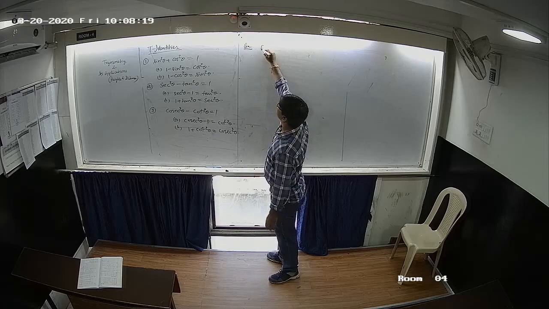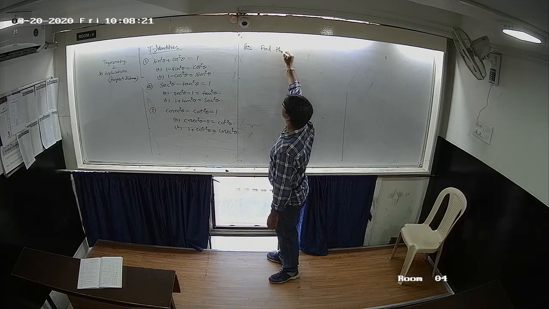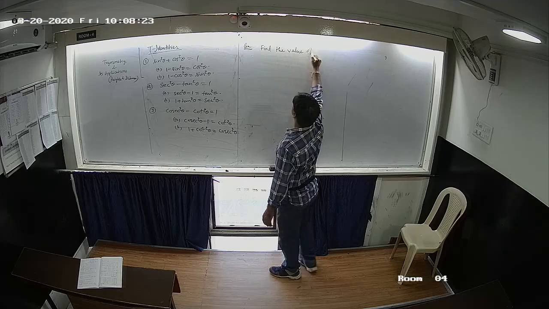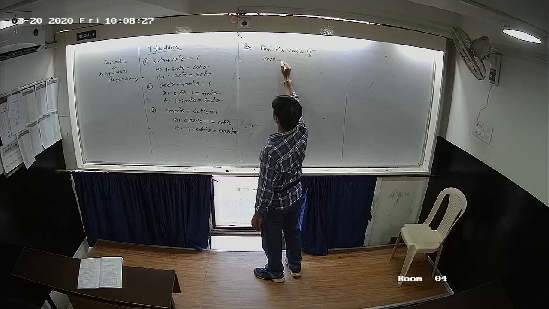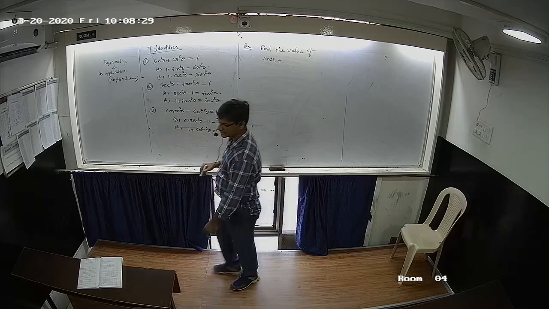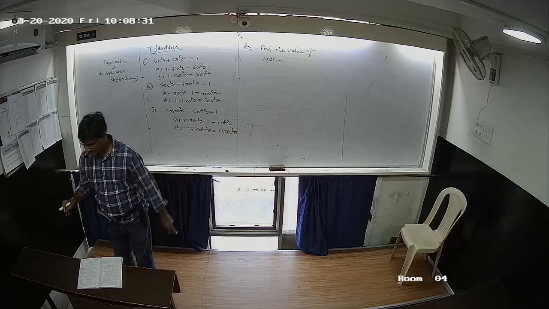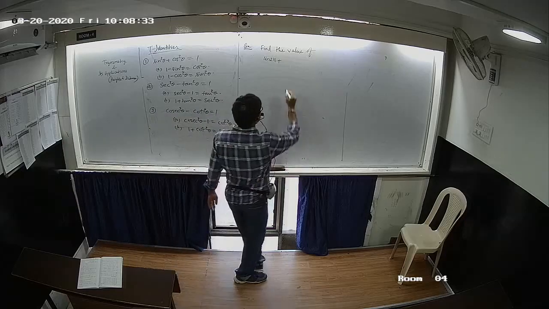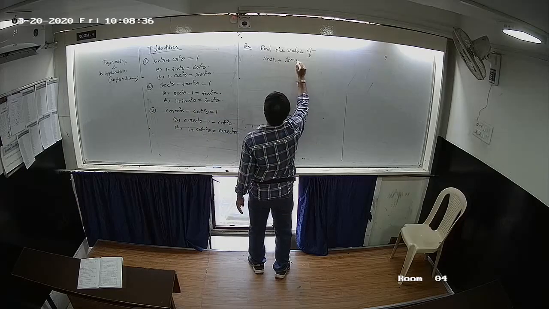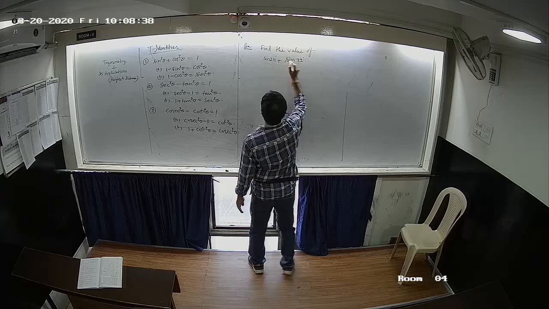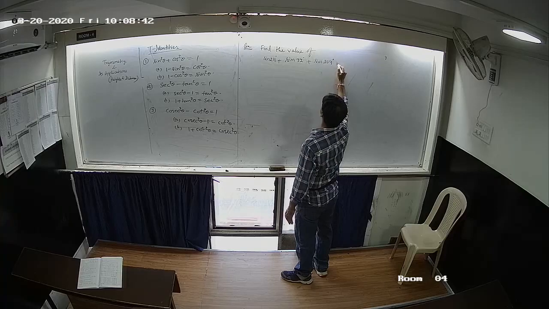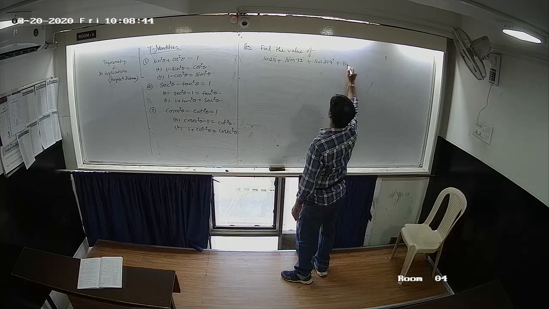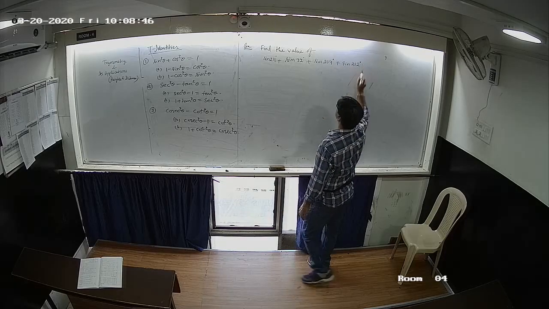Find the value of sin 24 degree plus sin 32 degree plus sin 204 degree plus sin 212 degree.